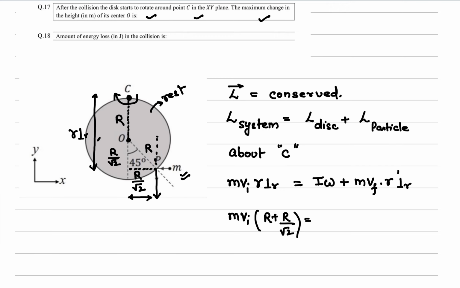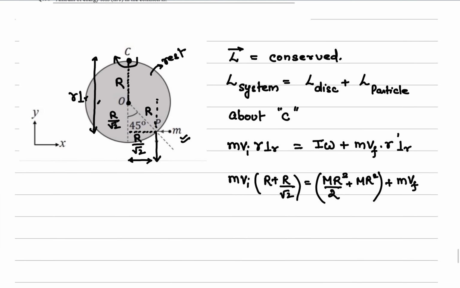The moment of inertia of the disk about this point is m r square by 2 about the central axis, and about this point plus m r square, so we can write directly 3 by 2 m r square, plus m v final into r perpendicular final. And what is r perpendicular final? That is only r by 2.